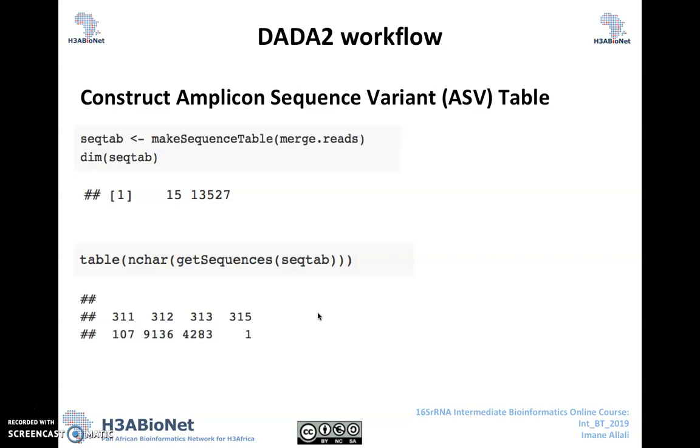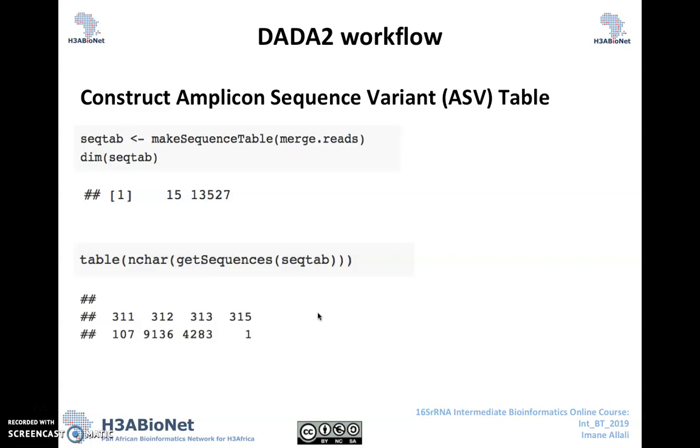So now that we have merged our forward and reverse reads, we can create a sequence table, also called the amplicon sequence variant, ASV, table, with the makeSequenceTable command.